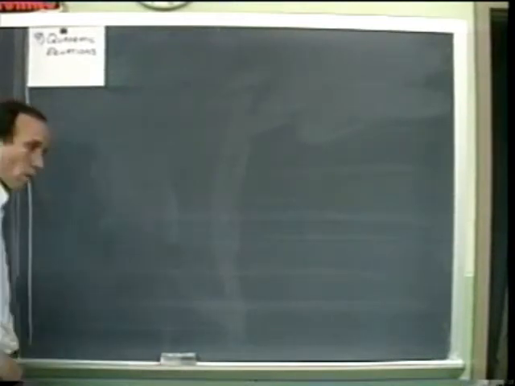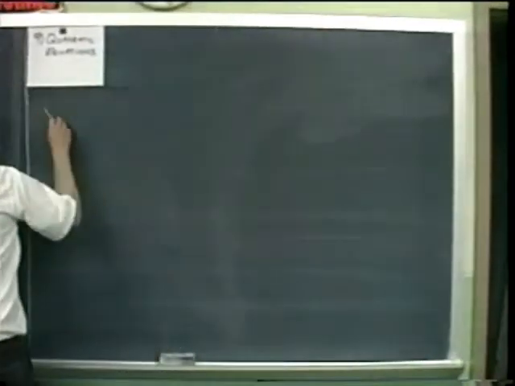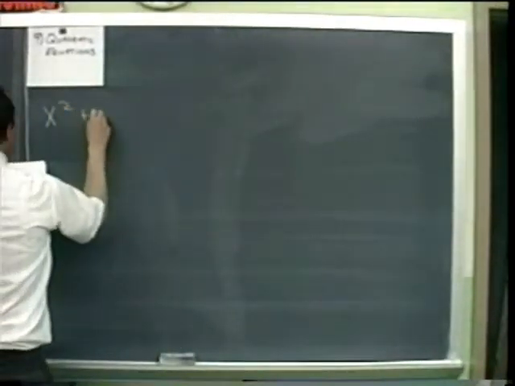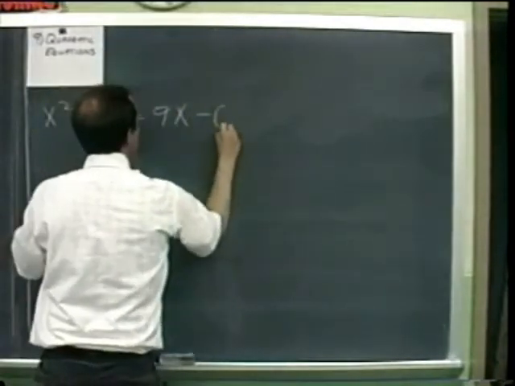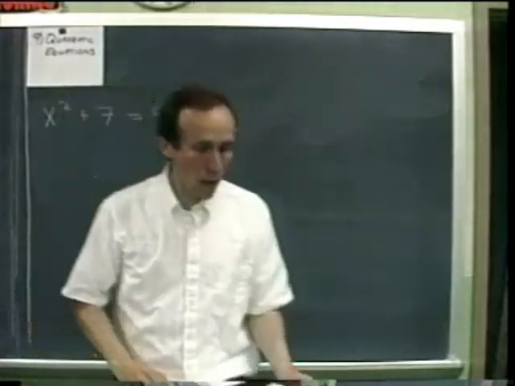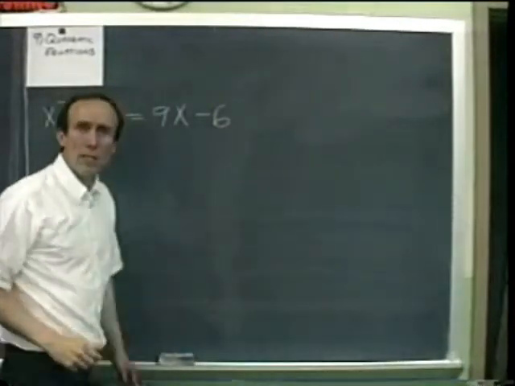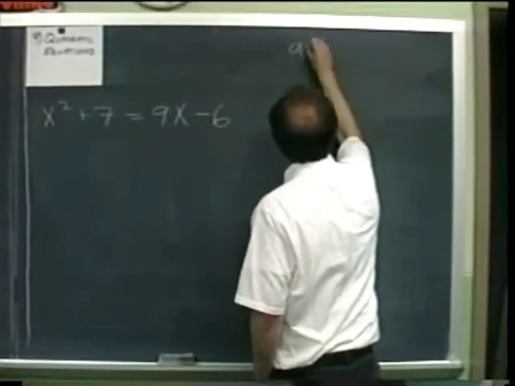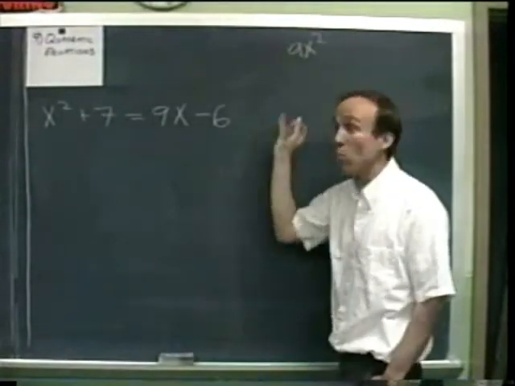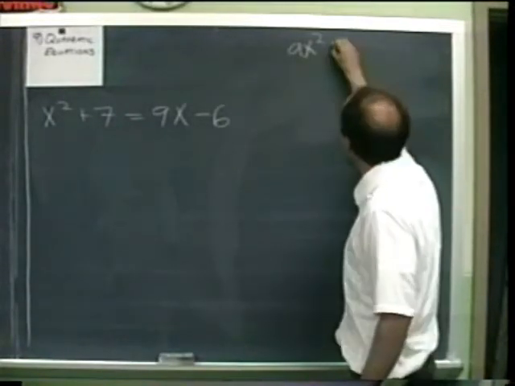Okay, let's look at an example of a problem that calls for use of the quadratic formula. Suppose we've got an equation that reads x squared plus 7 is equal to 9x minus 6, and we're asked to solve for x. We want to get this in the standard form of a quadratic equation, one involving a variable raised to the second power.